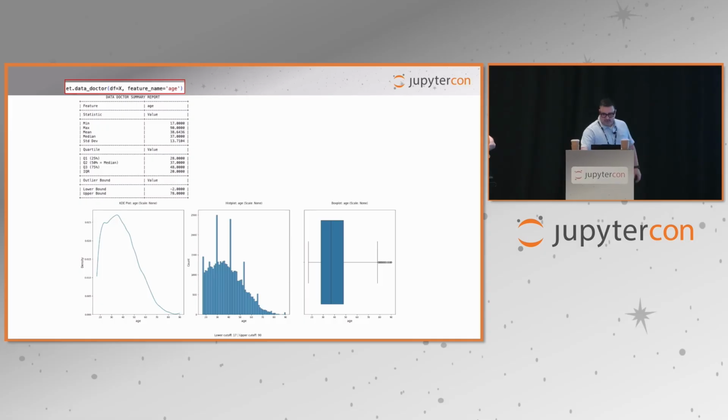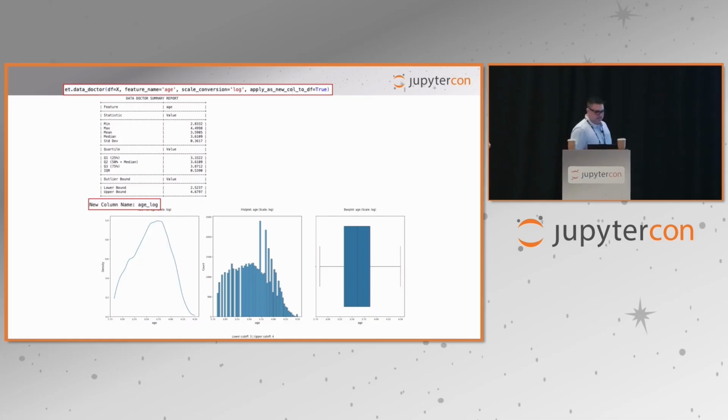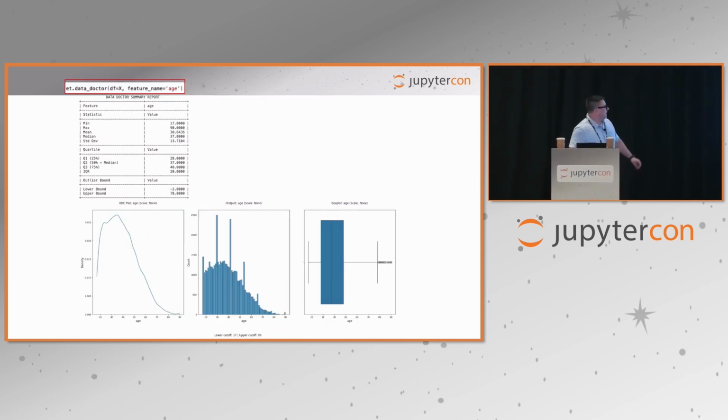The next thing we're going to do here is apply a transformation. So as you can see there at the top, we've added a flag of scale conversion equal to log and apply as new column to data frame equal to true. First, let me go back a slide. You can see the shape of our raw data, some outliers there on the box plot.